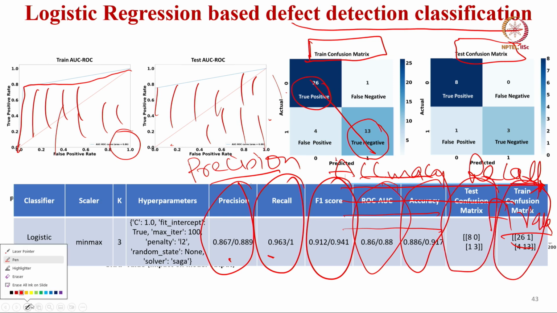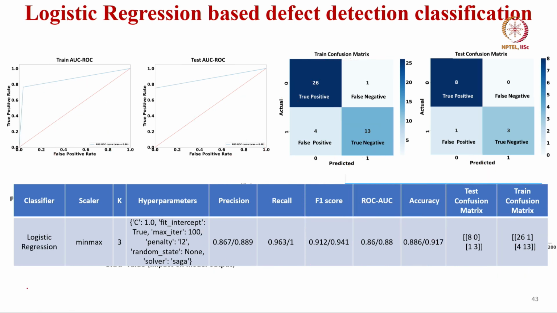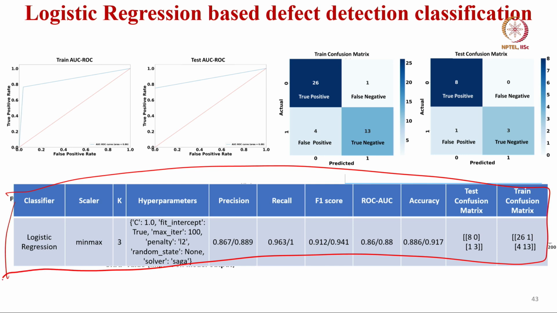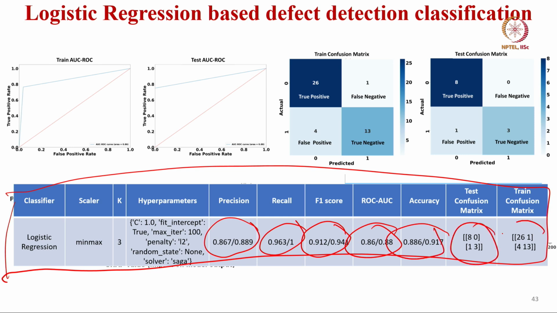All those things are very clearly summarized in this particular table, and here we have used what is called a logistic regression classifier, right. In the logistic classifier, you are able to get this combination of precision, recall, F1 score, area under the curve, accuracy, test confusion matrix and train confusion matrix. The test confusion matrix is this one, and the train confusion matrix is this one.